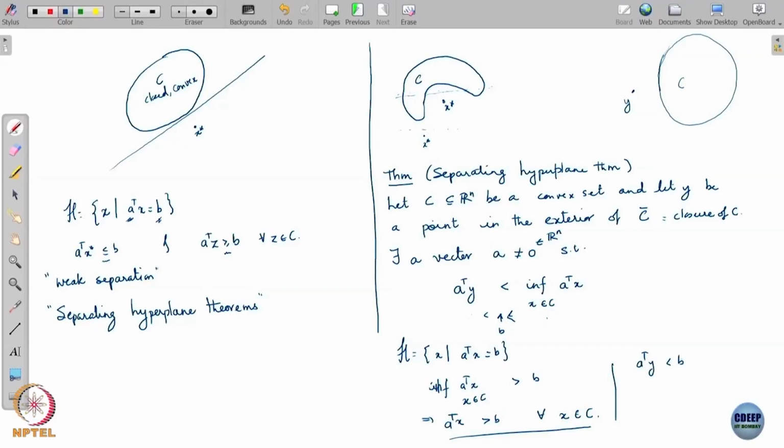So, this theorem basically guarantees for you implicitly a separating hyperplane. It is giving you the slope, as well as, implicitly, letting you pick an intercept. You can pick any intercept anywhere in between here, that is perfectly okay. All right.